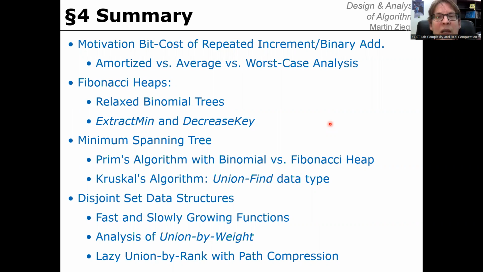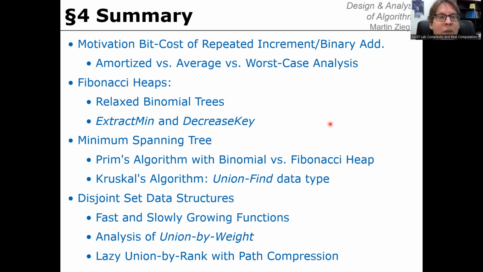And then we generalized that to adding binary powers of 2 and saw that this still has constant amortized cost 2. But as soon as we also allow for the decrement operation, then suddenly the amortized cost jumps and becomes as bad as the worst case cost.